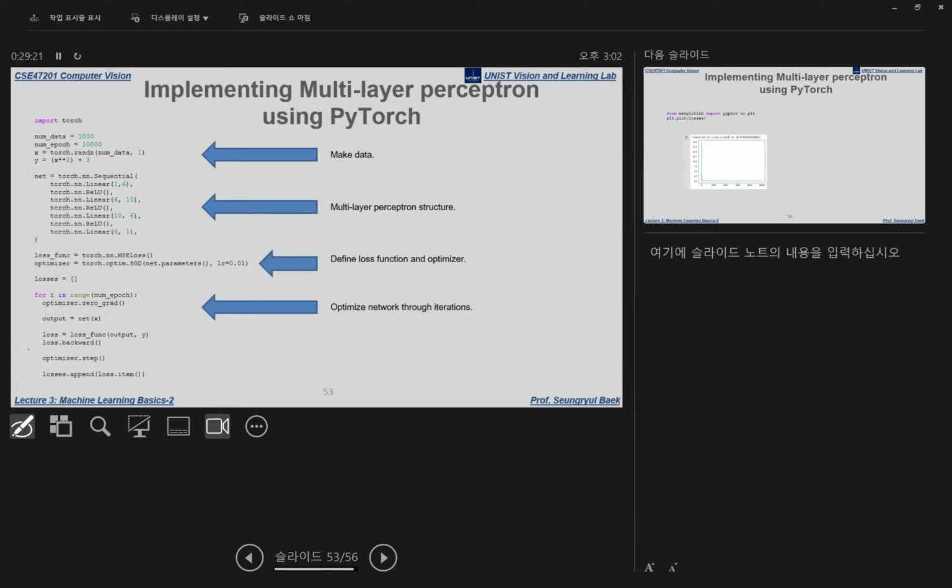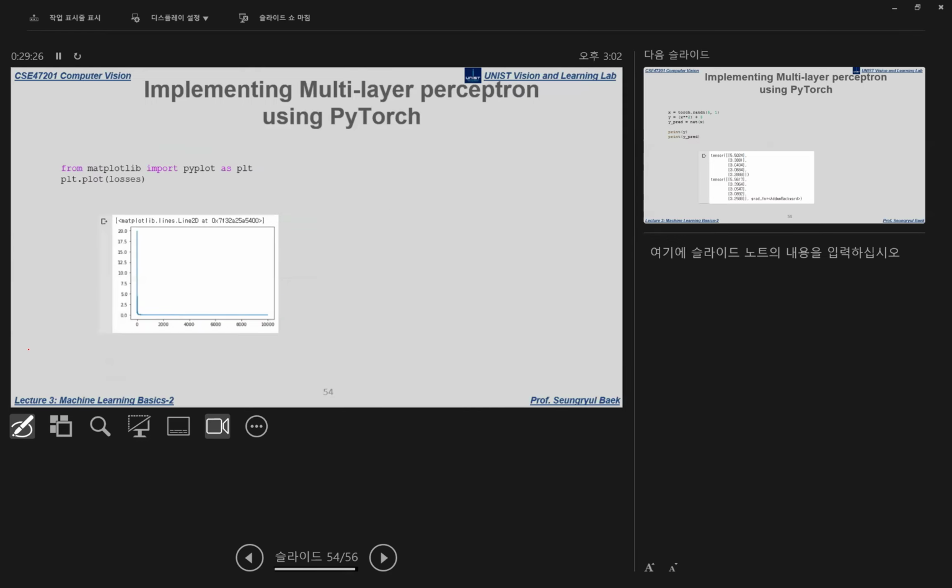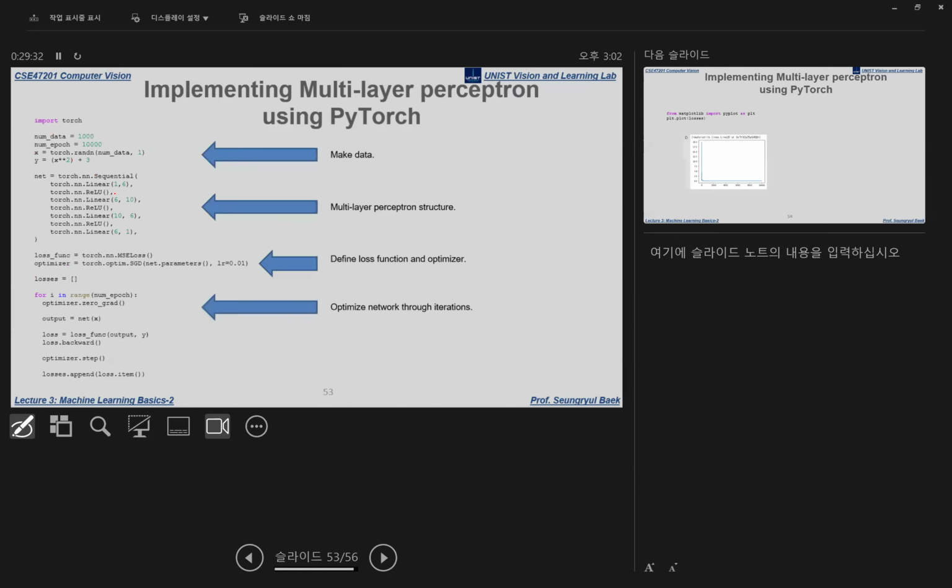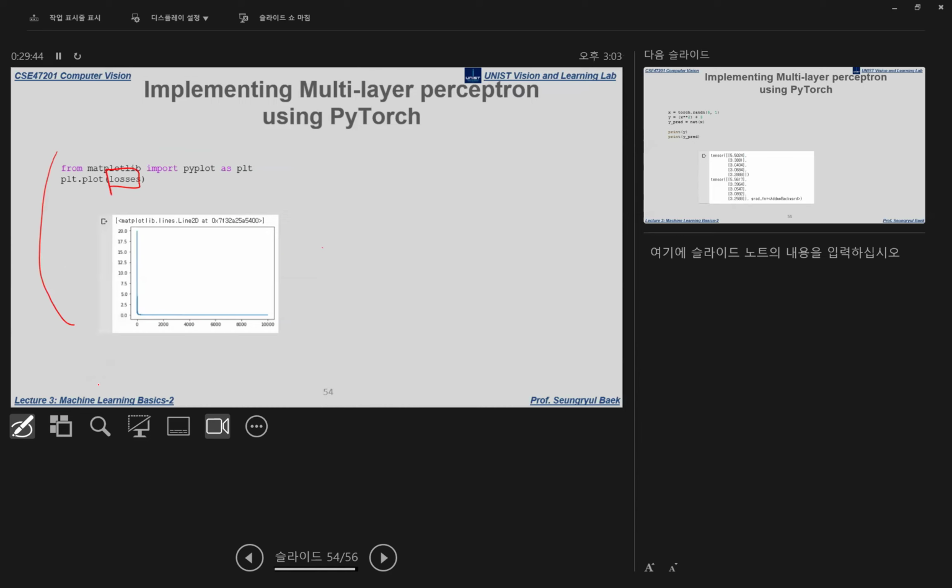So this is explaining each line of code. And this is visualizing losses for each epoch. The epoch losses array starts empty, but we are appending the loss for each iteration. So at first, this is the epoch or iteration number.